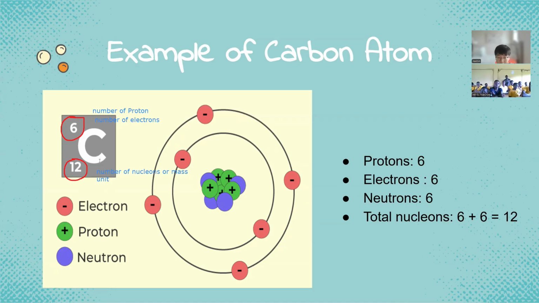So this is the mass of an atom. So carbon atom has 6 protons, 6 electrons, and 6 neutrons because the total nucleon is 12. 6 plus 6 should equal 12.